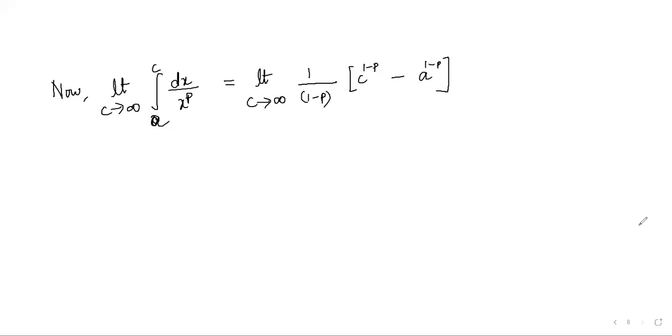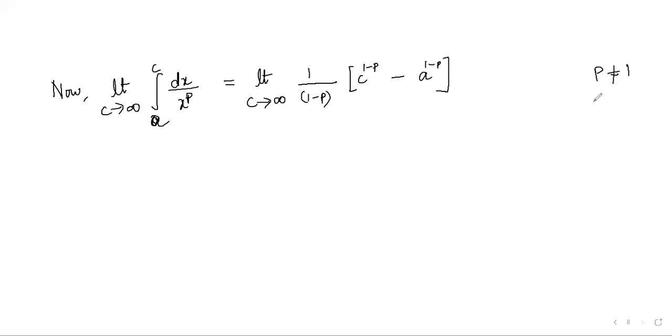Now let us find out this limit. Here we have c raised to power 1 minus p, and we have considered that p is not equal to 1, meaning this 1 minus p will not be 0.